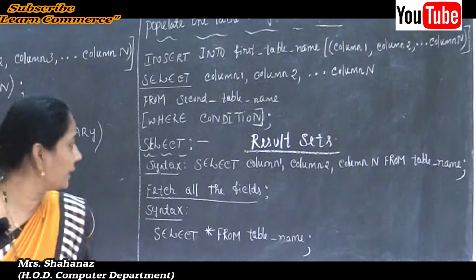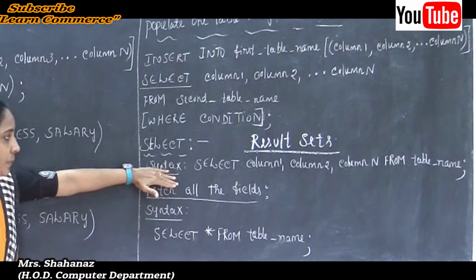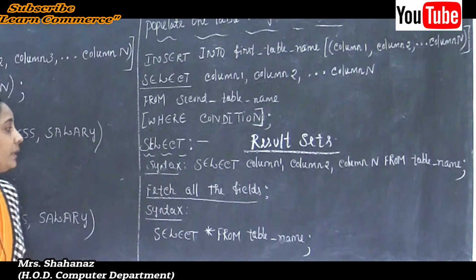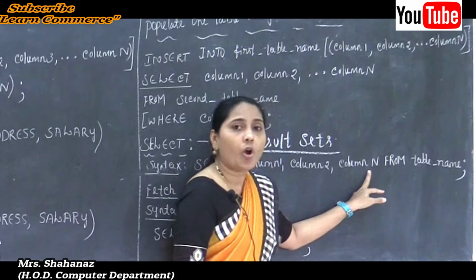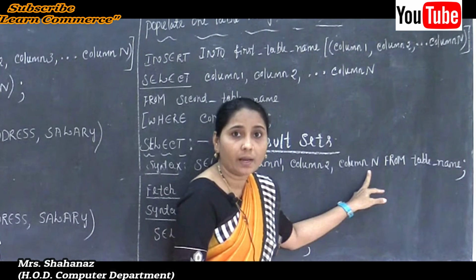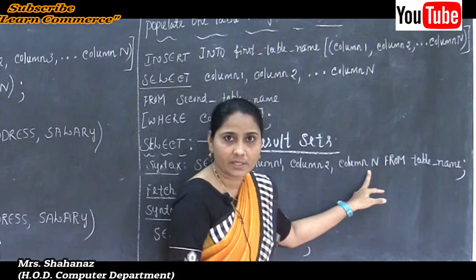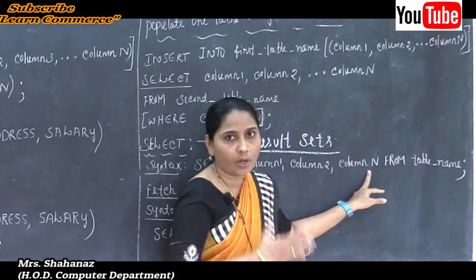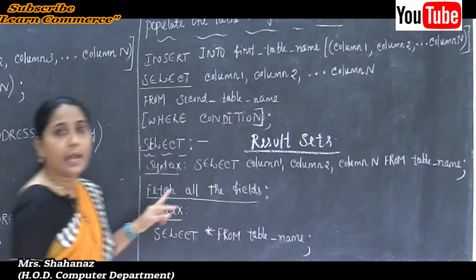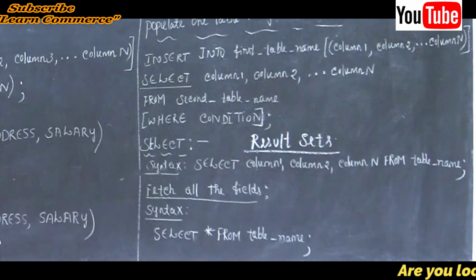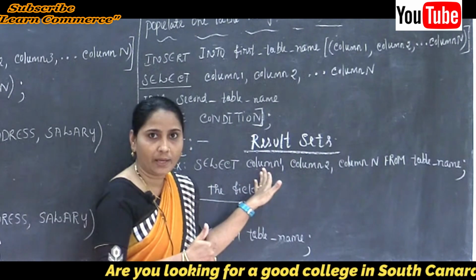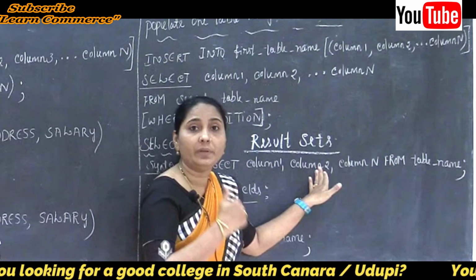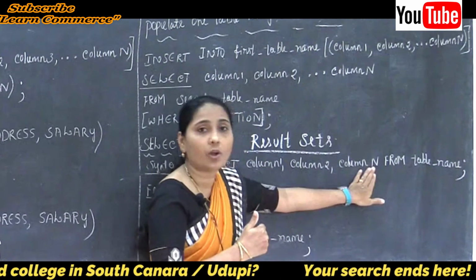About this syntax explanation: here column 1, column 2, column n are all the fields or columns of the table employee whose values you want to access. I want to access the column ID value, the column name value, and the column salary.